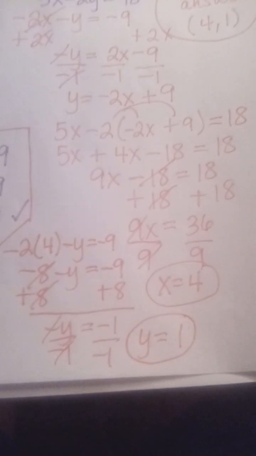Okay. Then you can check the answer yourself. Let me see. I'm going to use my calculator for this. I hope you can see it. So I'm going to use the first equation. I put the 4 in place of x: negative 2, parentheses 4, minus 1.